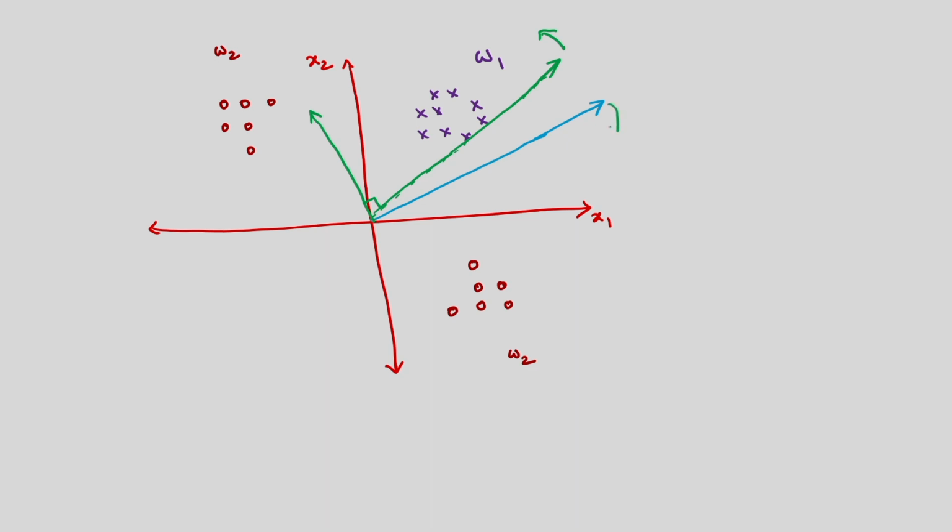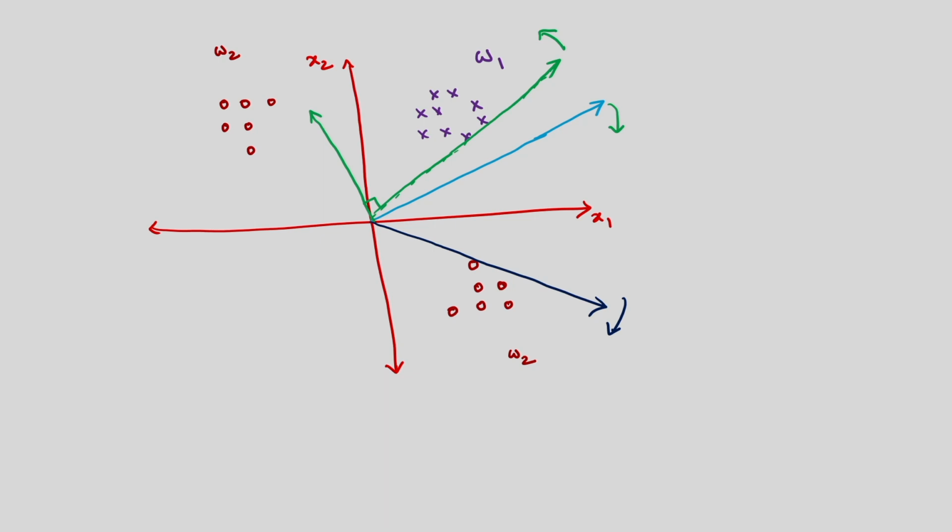Similarly, if I move the decision boundary in the clockwise direction, what is the limiting case? I want to show it here. I can move up to this point, and beyond this I cannot move, because if I move, the misclassification will take place.